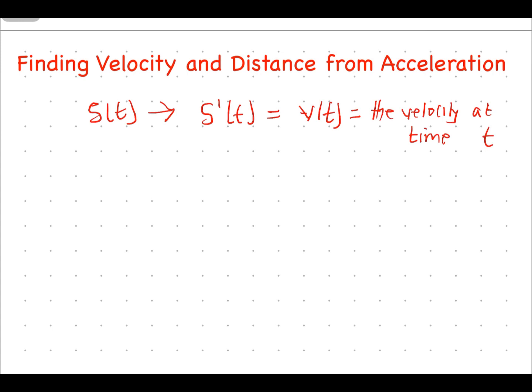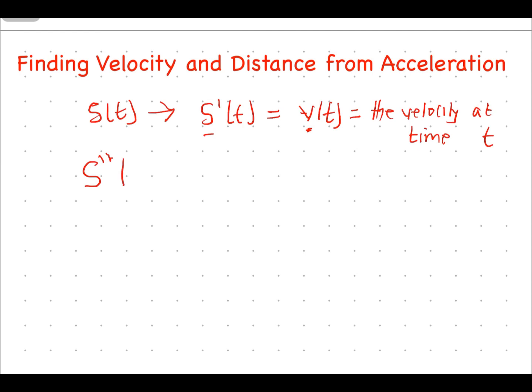Same thing applies to acceleration. When you are given a distance function and they ask you to find the acceleration, what you can do is differentiate the distance function twice, because when you differentiate the distance function once, it gives you the velocity as indicated up here, and then when you differentiate the velocity again, you are going to get acceleration.